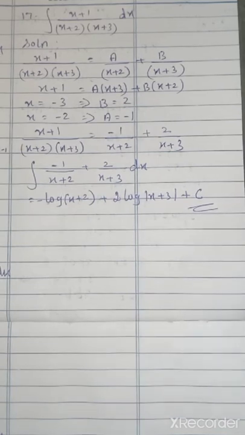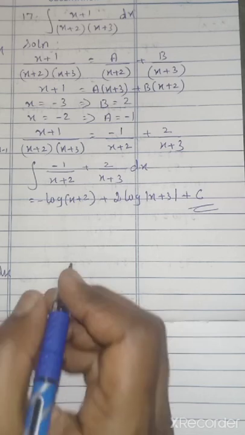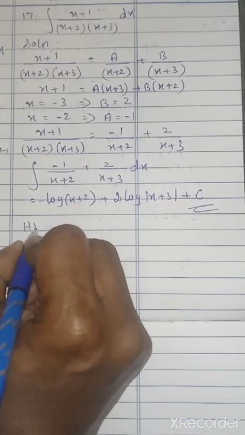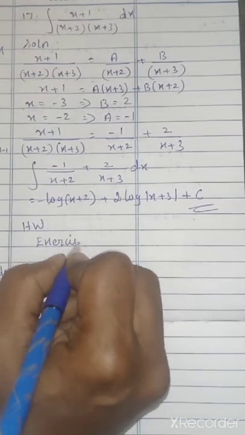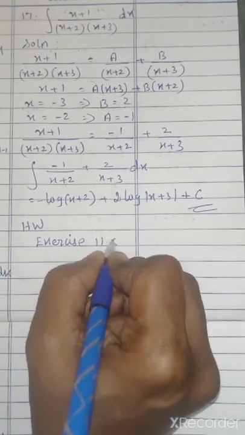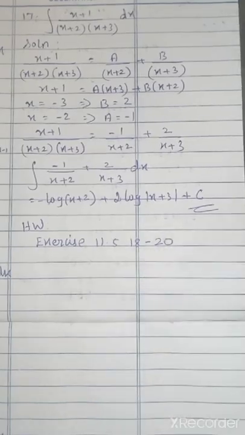This is by using partial fraction. The remaining 18, 19, 20 and all, using partial fraction we are going to integrate. So your homework is exercise 11.5, 18 to 20.